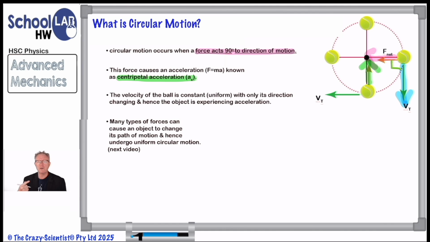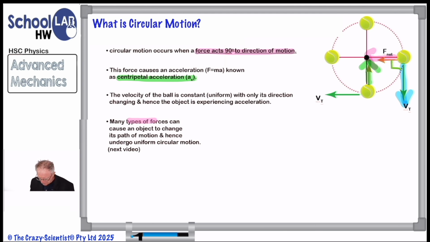So a planet going around a central sun is maintaining a certain speed in its orbit, but its direction is constantly changing, so there is acceleration going on. And what do we call that acceleration? Centripetal acceleration. That's something we need to think about as well.